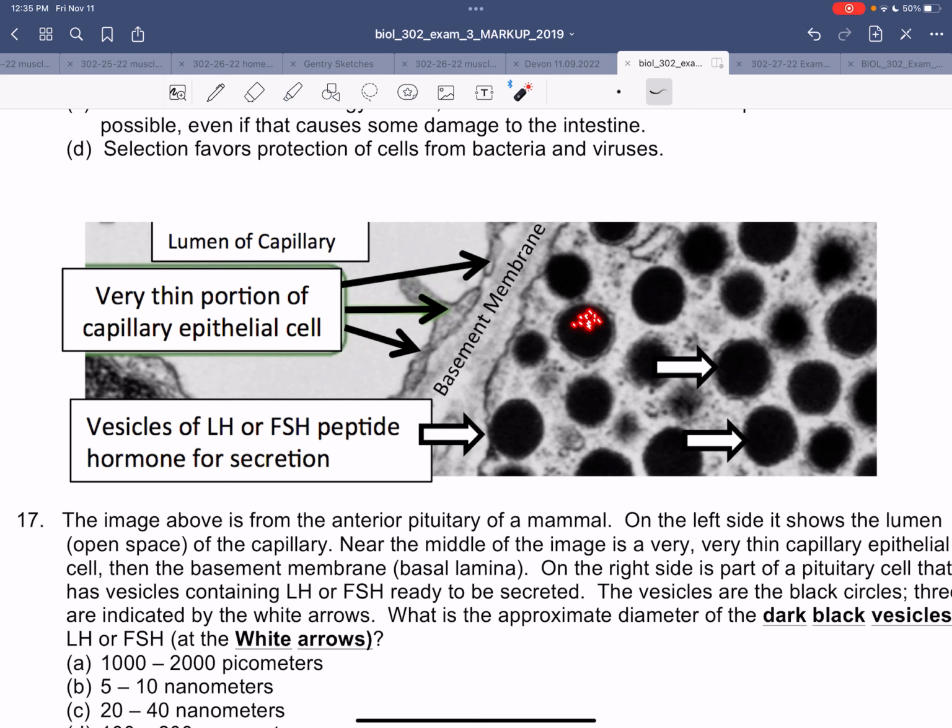The LH is very tightly packed, which is why it's black in an electron micrograph, but here's the membrane around it. Here is the plasma membrane. Here I labeled very thin part of a capillary epithelial cell, so we'll talk about those later. They're very thin epithelium. And here's basement membrane in between, this gray stuff, this mesh.